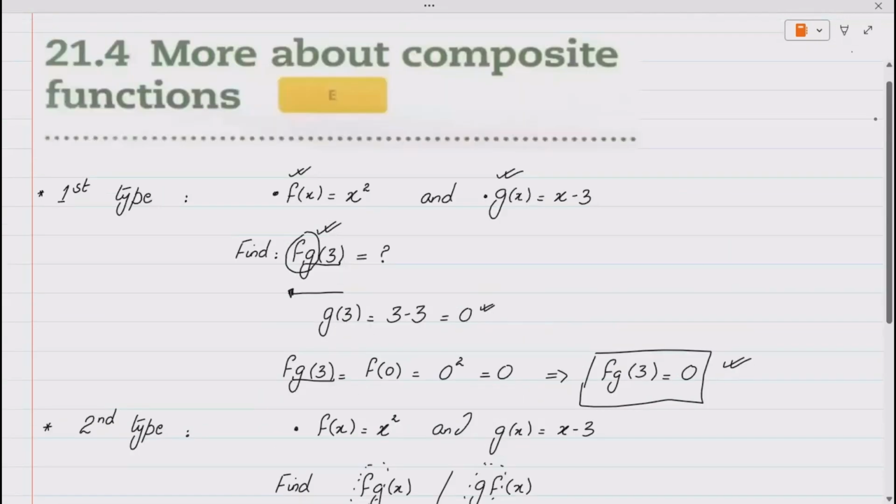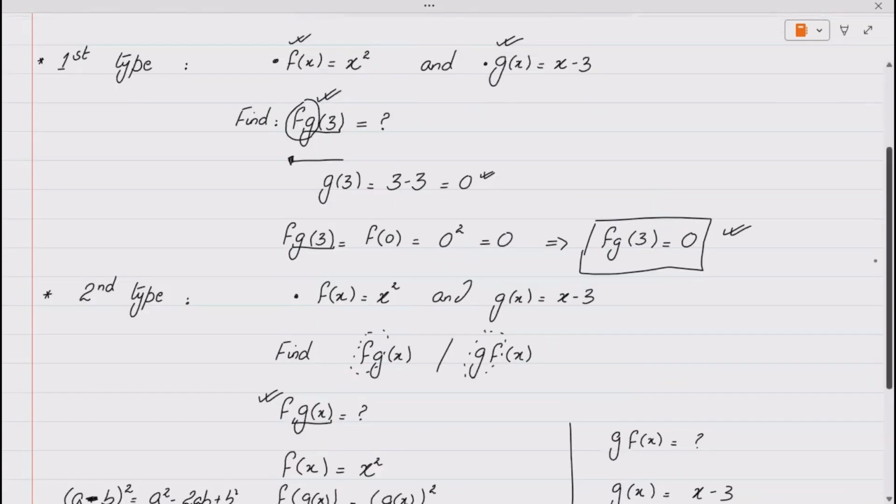In 21.4, the concept remains the same. These two types we know, and in this exercise the types of questions remain these two, this one or this one. So a question in the exam can occur in these two types from the composite function concept.